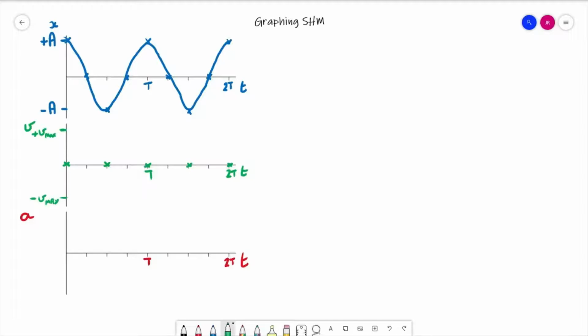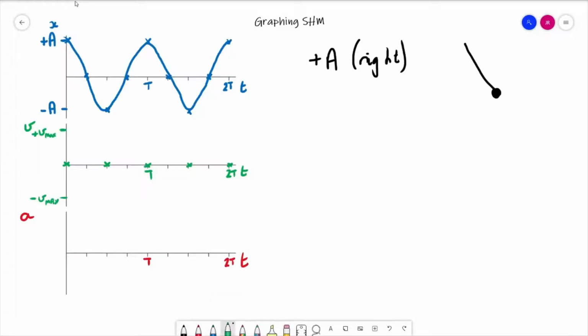Now of course we know we're going to get some kind of sinusoidal graph on this. It just really now is a matter of determining in which direction and what kind of shape it's going to look like. Now of course in our thinking we displaced to positive amplitude, which is to the right, and that's where we started. So in other words, the pendulum would be in that position there.